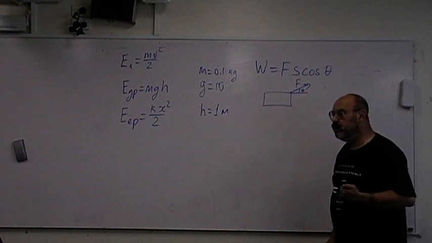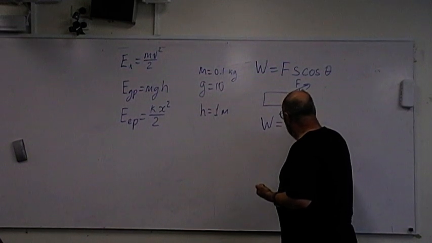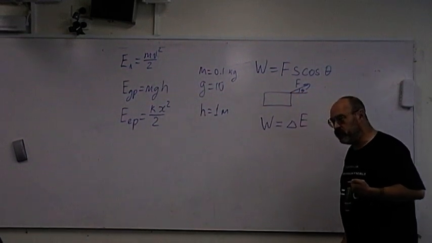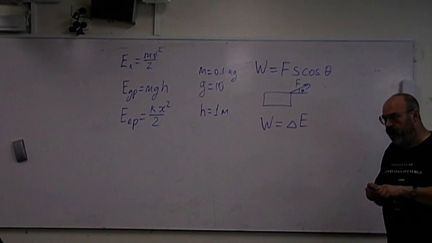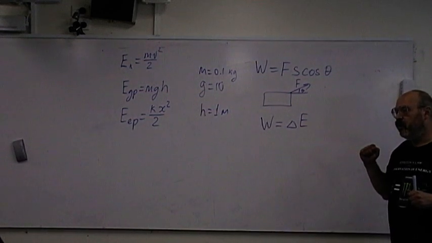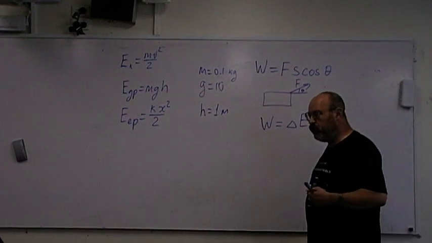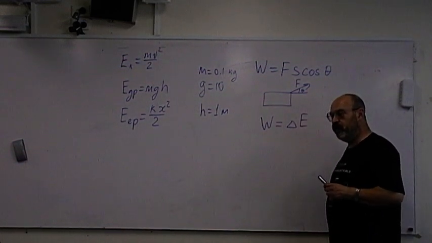And also, if work is done, it changes the energy of the system. So work equals change of the energy. And there could be 2 cases. We can do work on the object, on the system, or the object can do work.